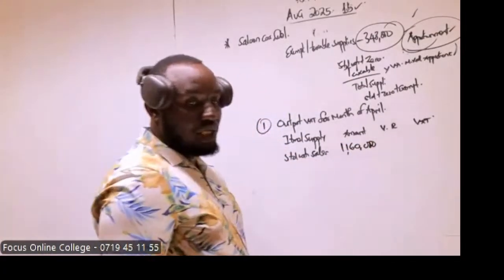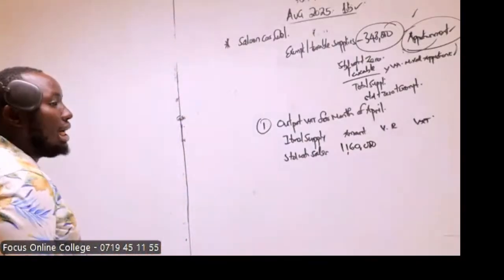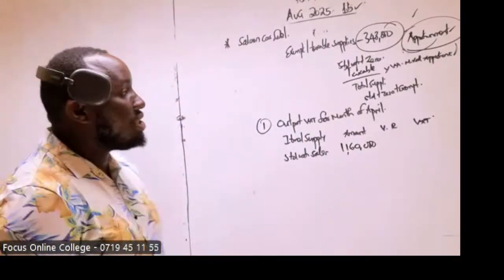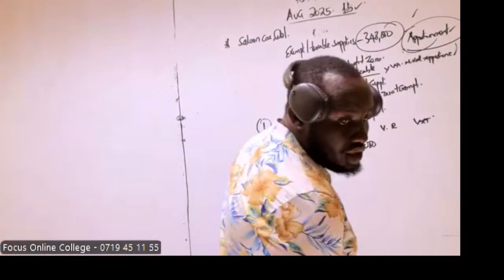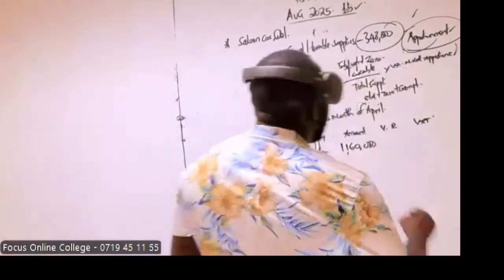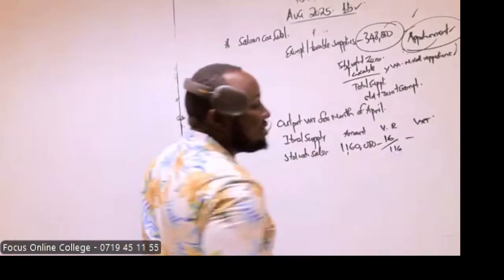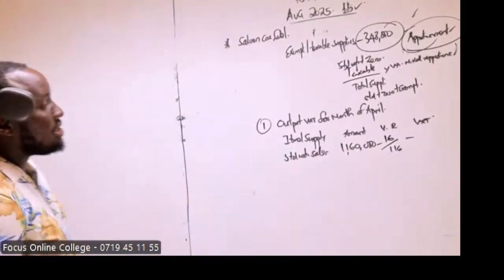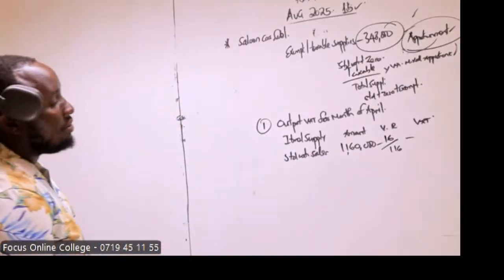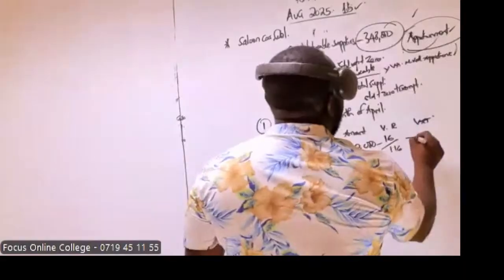What is the rate that we're using based on this question? Are we using 16 over 100 or 16 over 116? We are using 16 over 116. So what do we get? That should be 160.